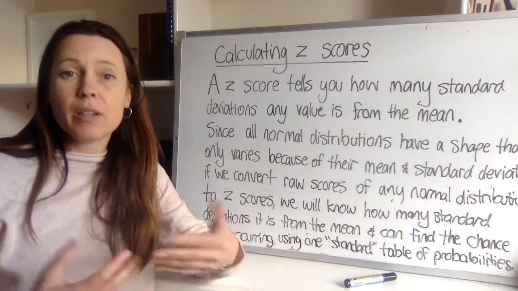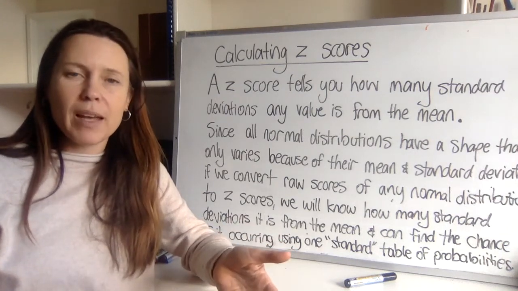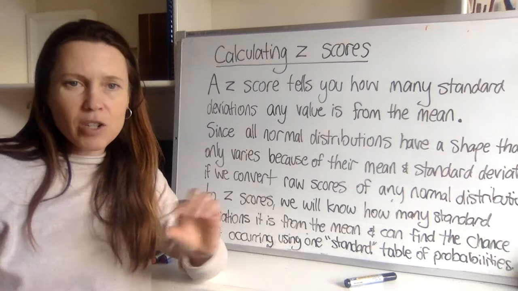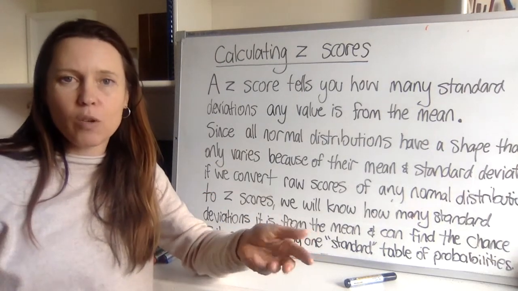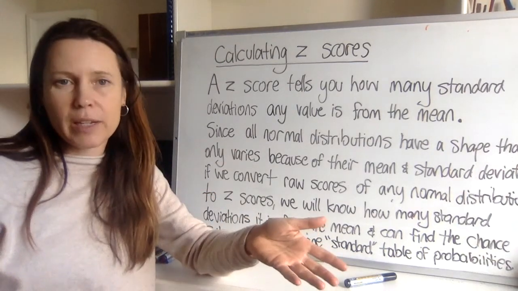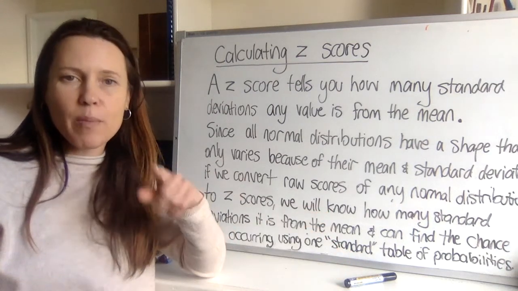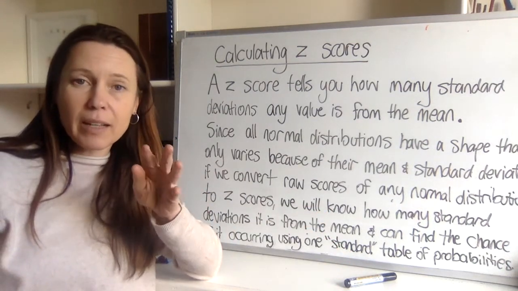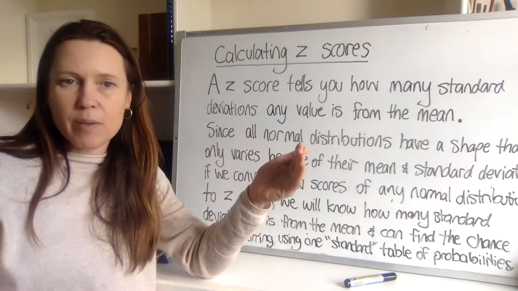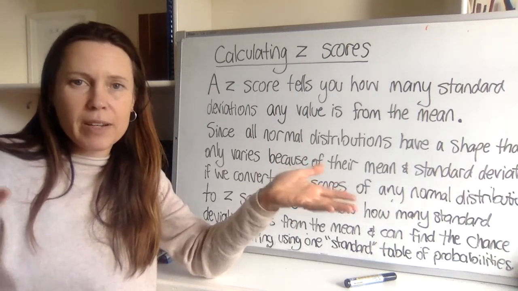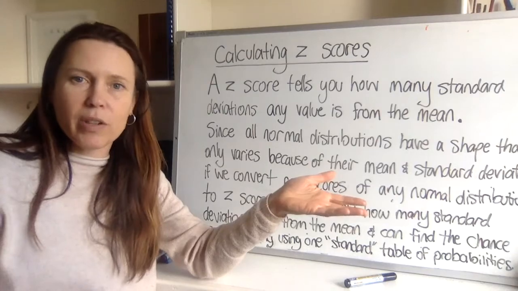You look up scores in tables, and this gives you a really good estimation for how common or how likely each score is to occur given how far away it is from the mean. And remember that things that are close to the mean are very likely to occur, and things that are far from the mean are unusual. So by their very nature, they're unlikely to occur.